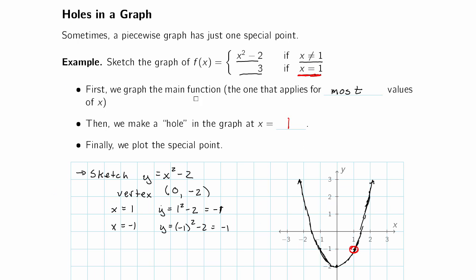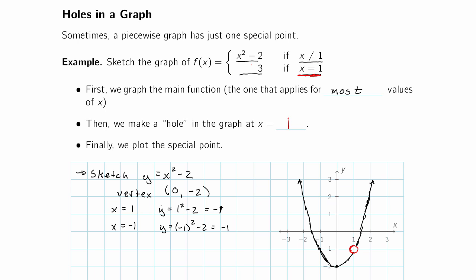Now, if you are mildly obsessive, you might erase the part of the graph that passes through the hole, but that is really not necessary. So now we have a hole in our graph indicated by this empty circle. This empty circle indicates that the point 1, negative 1 is not part of our graph, even though nearby points are.